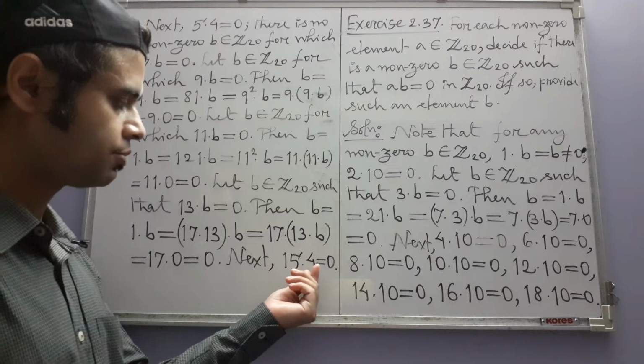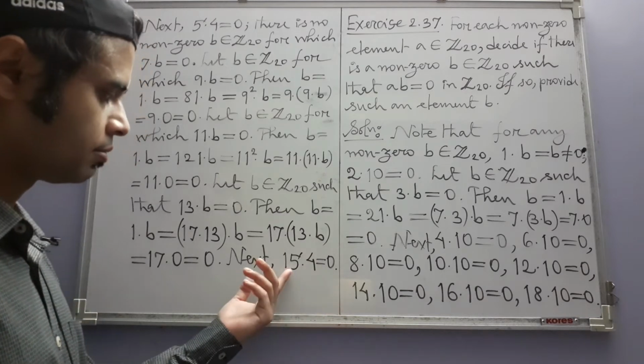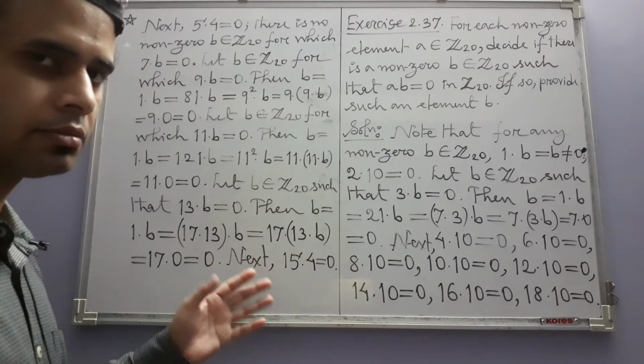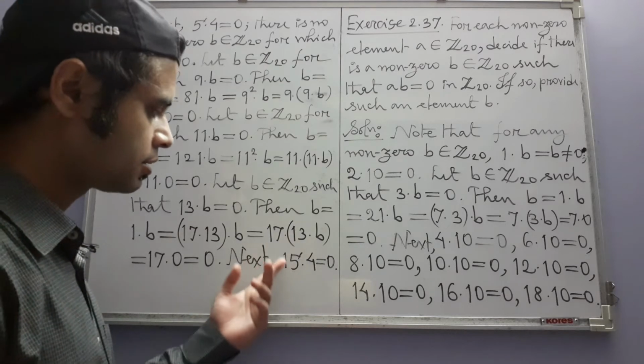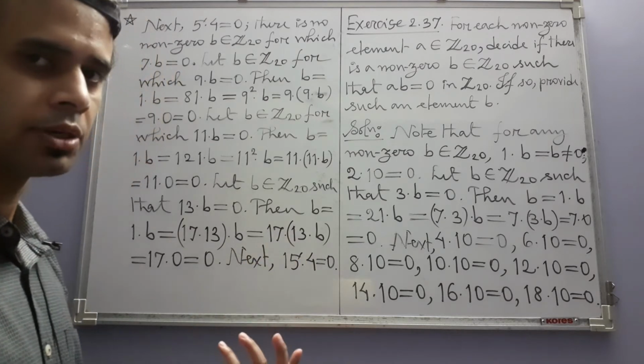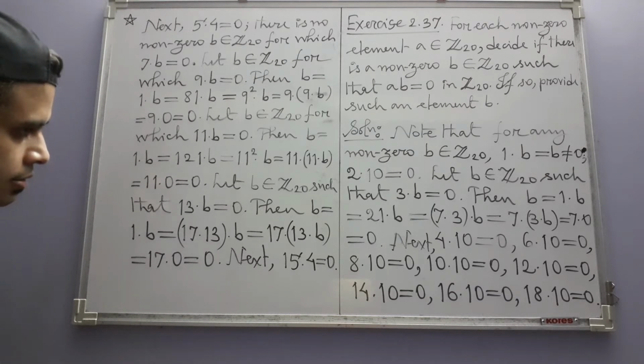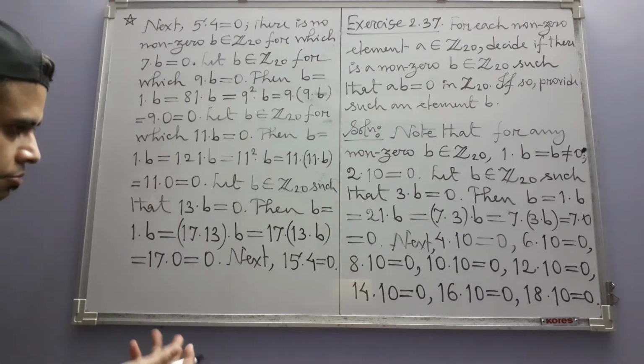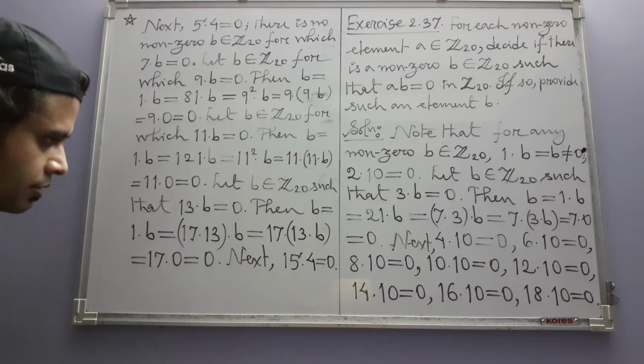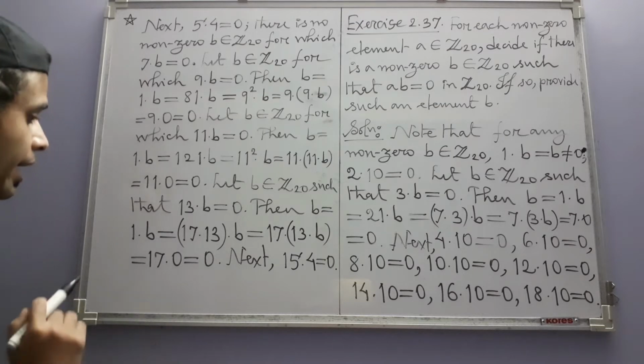So 5 times 4 is 20, and the extra 3 we just ignore. Since we have got 20, it will ultimately be 0. Okay, so what else? 16 we have already seen, 18 we have already seen, 17 and 19 are left.